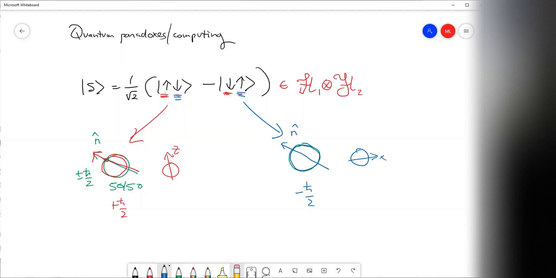Well, in this case, if this person measures along Z, then there would be no correlation with the X measurement. So if this person measured plus h bar over 2, the person over here would measure completely uncorrelated values of plus or minus h bar over 2, and be random.